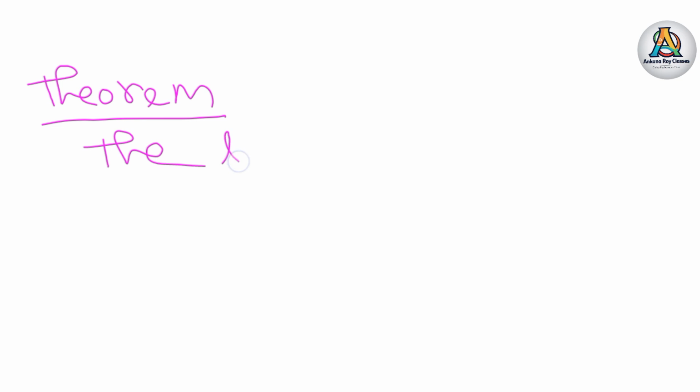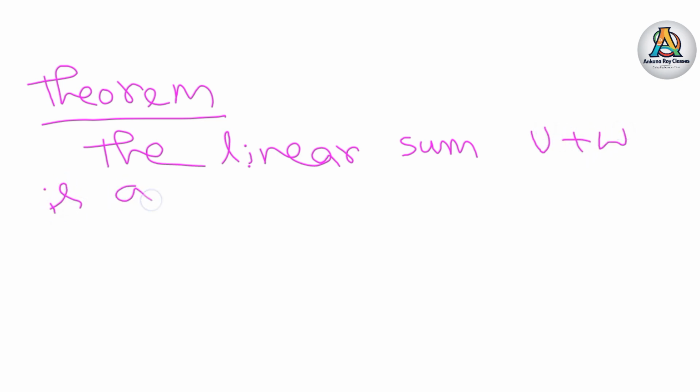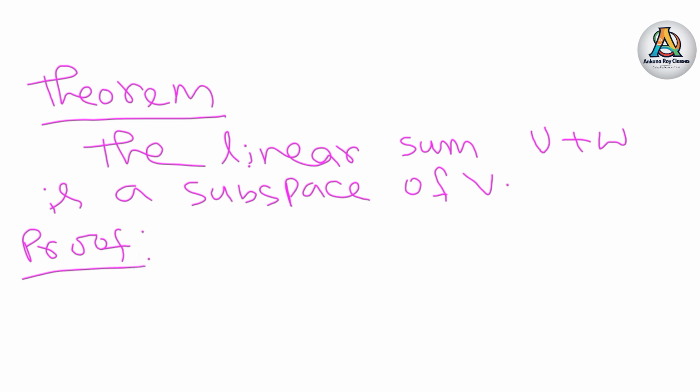Now, there is a theorem that the linear sum of two subspaces U and W, that is U plus W, is a subspace of the vector space V. Proof.